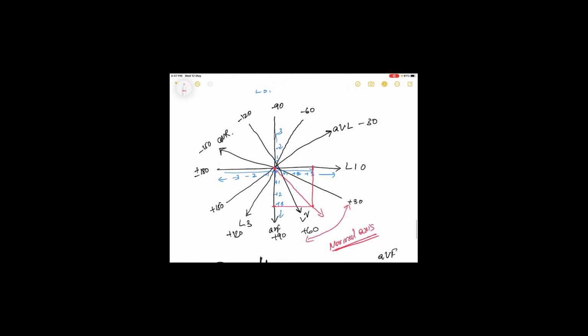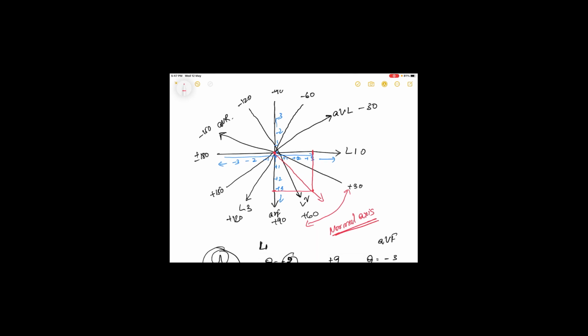But in case the images are given directly and you are not able to calculate the boxes or the axis system, for MCQ purposes you cannot plot this graph and do all these things. This I have told you for theoretical purposes. For such cases, we'll take some arbitrary values.